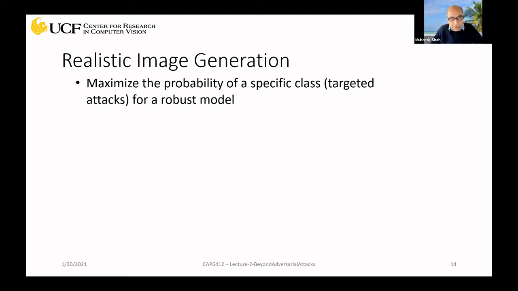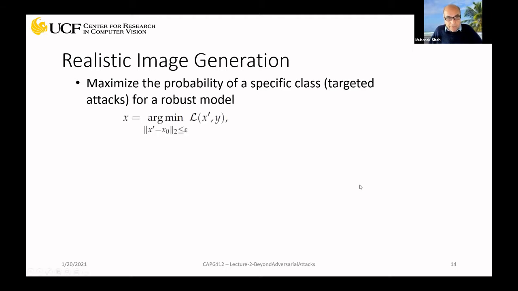So what we are going to do is take the robust classifier and maximize the probability of a particular class from the robust model. So basically we'll do a targeted attack.